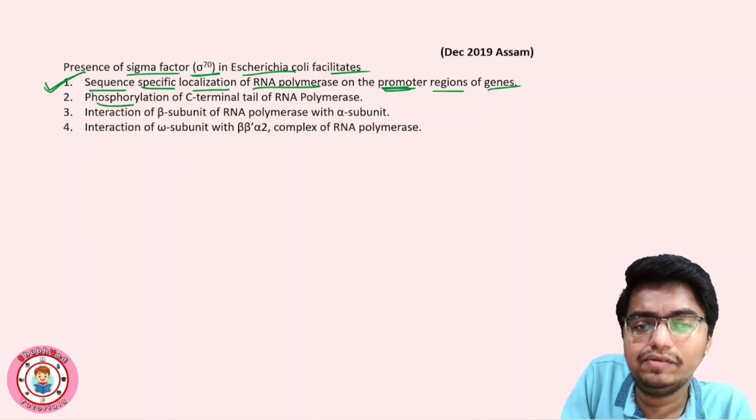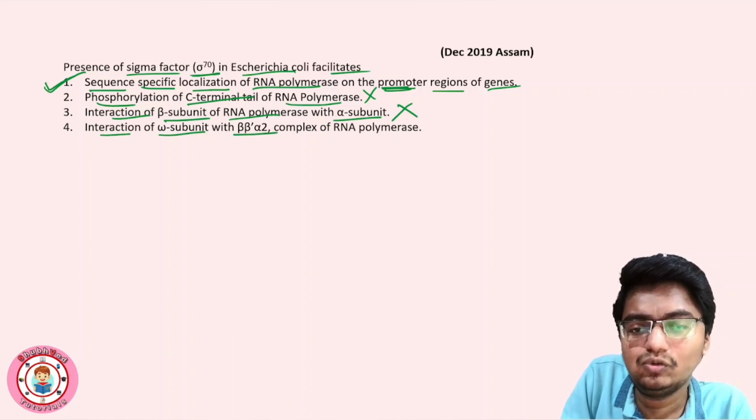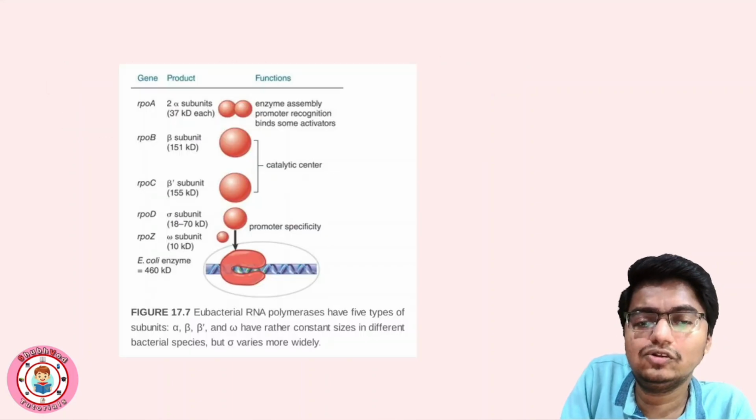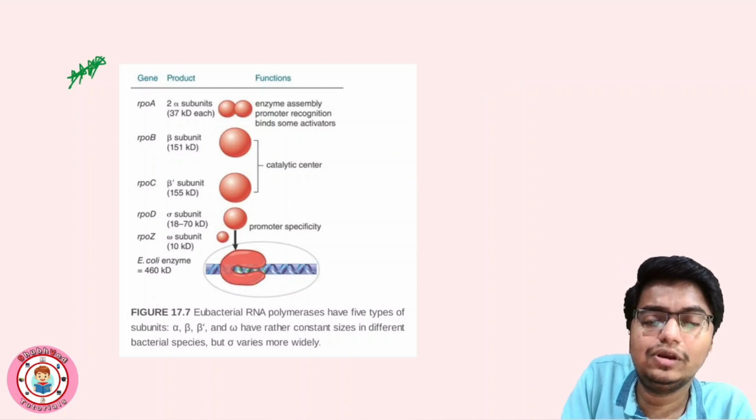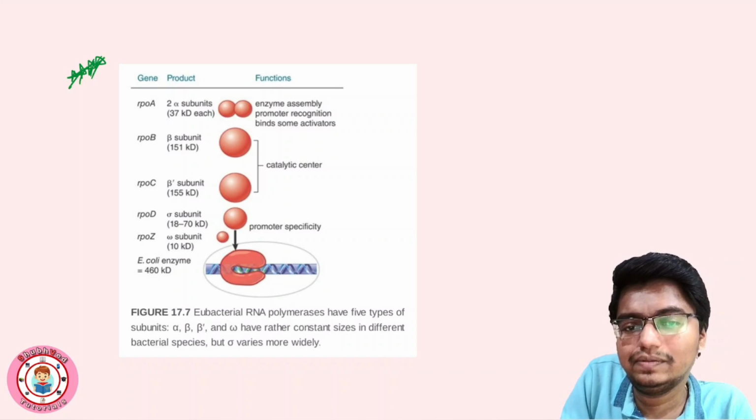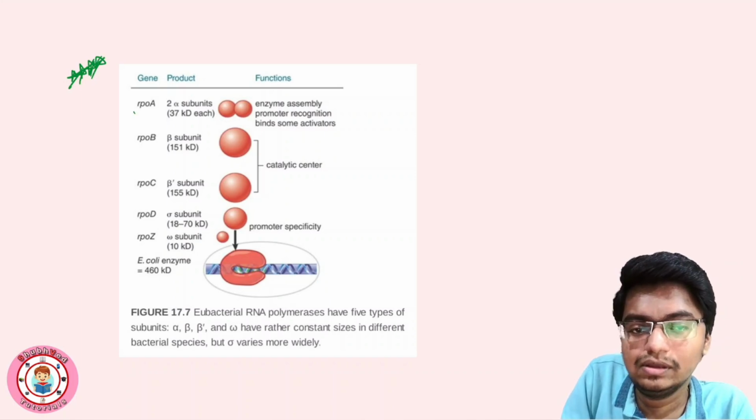Next statements: phosphorylation of C-terminal tail of RNA polymerase, no. Interaction of beta subunit of RNA polymerase with alpha subunit, no. Interaction of omega subunit with beta, beta dash, alpha 2 complex, no. So this is also a slide about different RNA polymerase subunits. RpoA is 2 alpha subunits, for enzyme assembly, promoter recognition, and binding some activators.